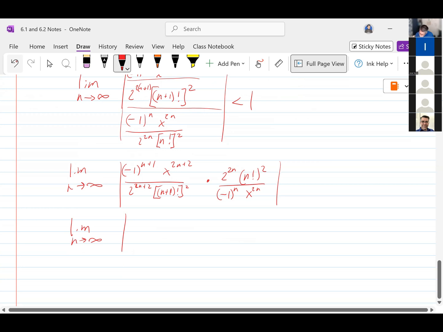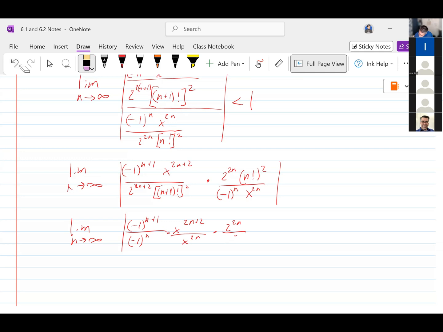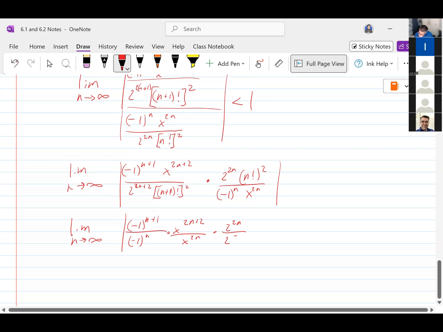I'm going to have -1 over (-1)^n. I'm going to have x^(2n+2) over x^(2n). I'm going to have 2^(2n) over 2^(2n+2).